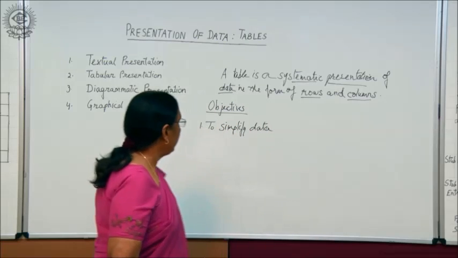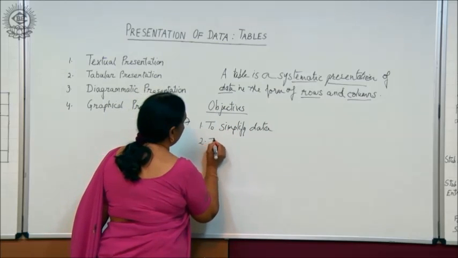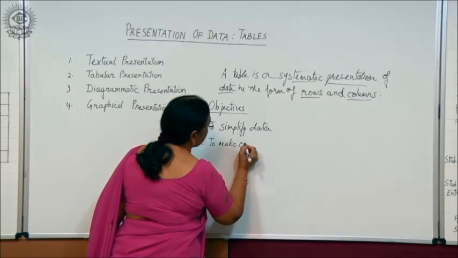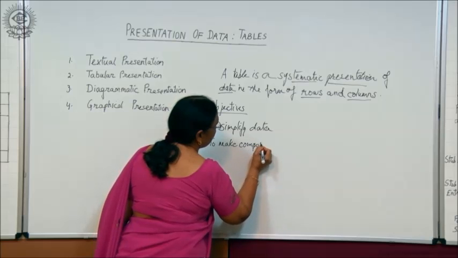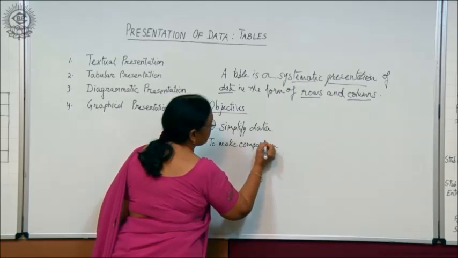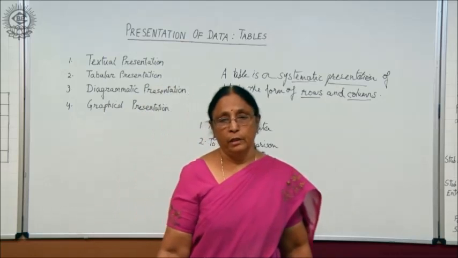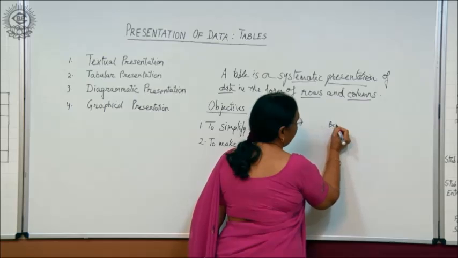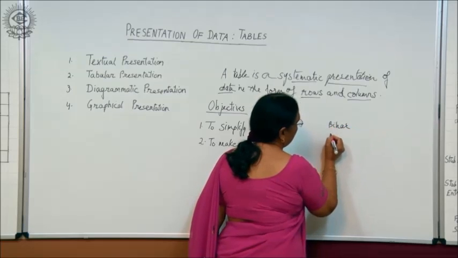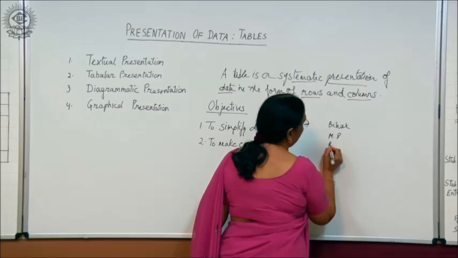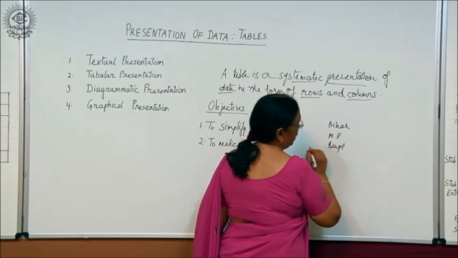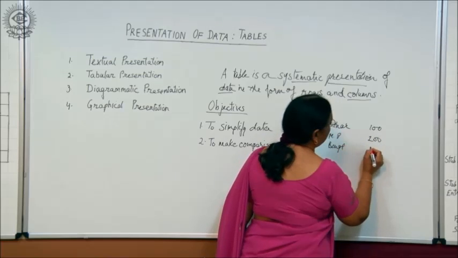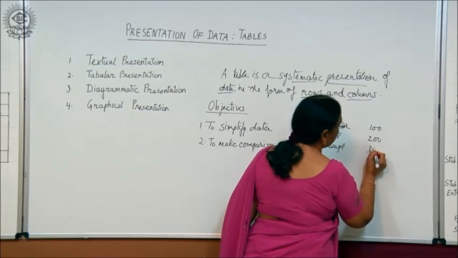Another is to make comparison. Second objective is to make comparison. Now what do you mean by this? If you are noting down the amount of rainfall in Bihar, Madhya Pradesh, Bengal, now here 100, suppose 200, and then you can say 30.